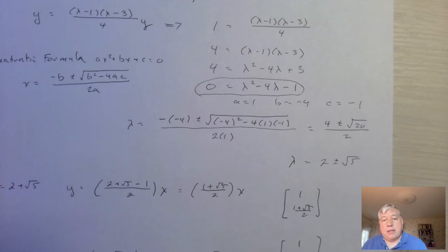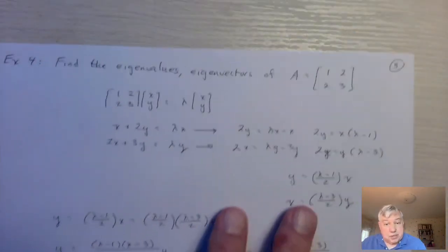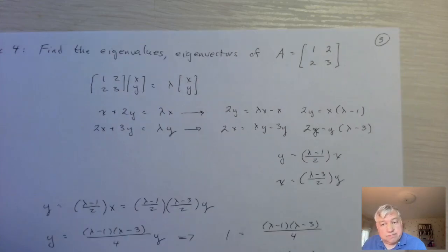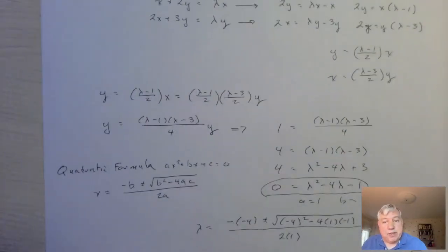Okay, and in the next video, we're going to generalize what we did here to find a more general way to find these eigenvalues, besides going through all of this stuff. This is perfectly fine, but we're going to see a more standard way of doing that in the next video.